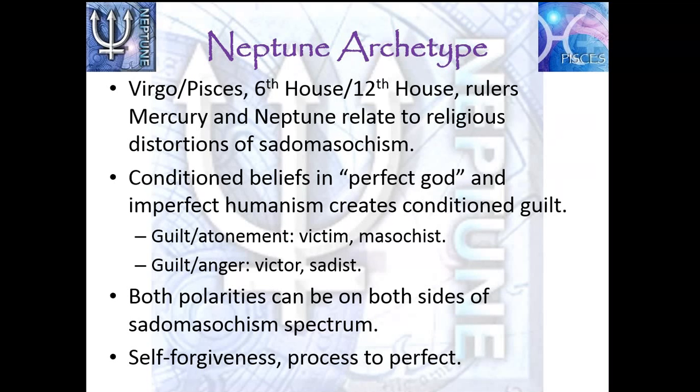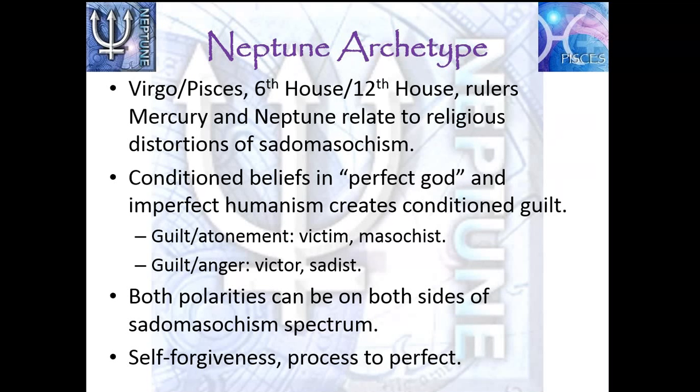Now, of course, Virgo, Pisces, 6th house, 12th house, and rulers Mercury, Neptune relate to the religious distortions of sadomasochism. Coming through the last 2,000 years of the Piscean age, we have the conditioned beliefs in the perfect God and our imperfect humanism. And it creates conditioned guilt because it's easy to see how imperfect we are.